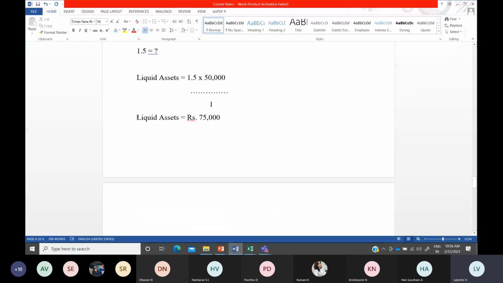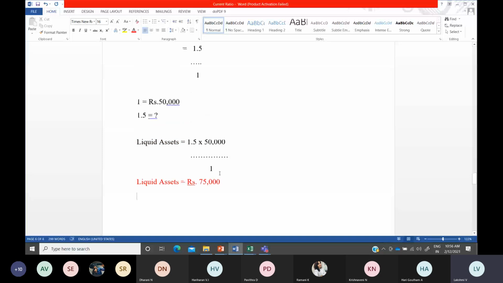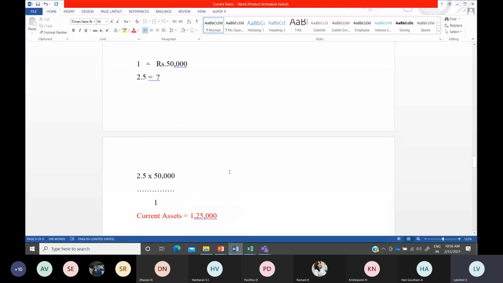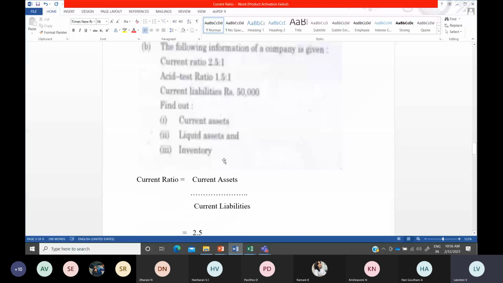Now, the third subdivision they are asking is inventory. Inventory means what? Stock. So what is the difference between current assets and liquid assets? The only difference is stock and prepaid expenses.